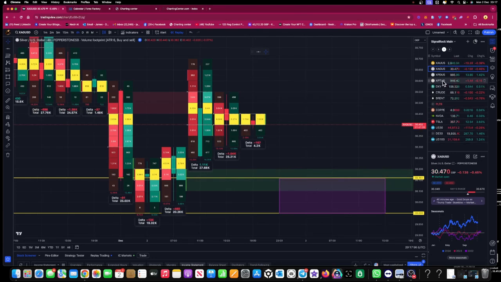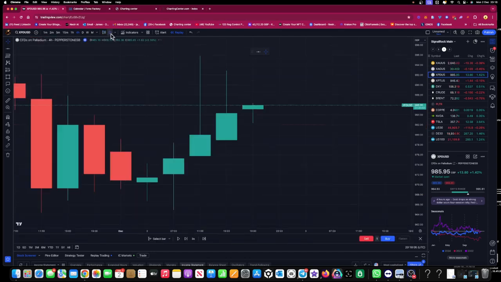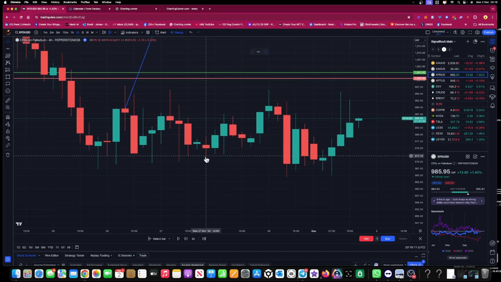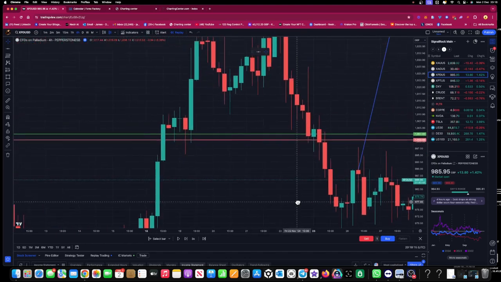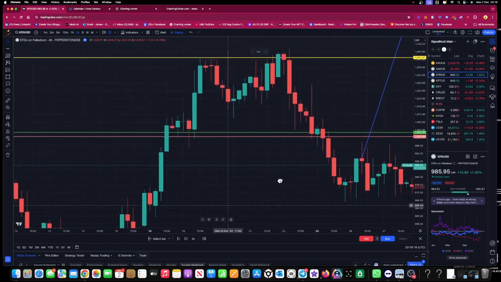Palladium. Switch back to the candlesticks. Now palladium's been doing some extreme moves recently.